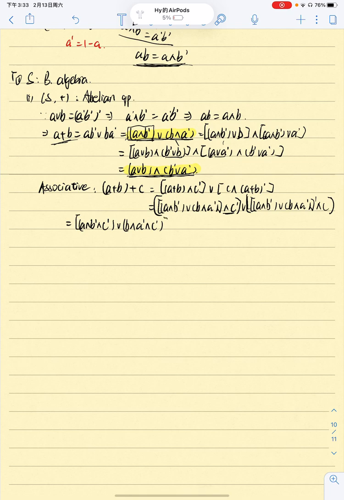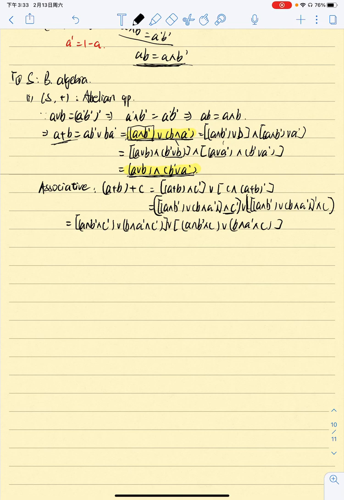Okay, or A and B prime and C, or B and A prime and C. Okay.